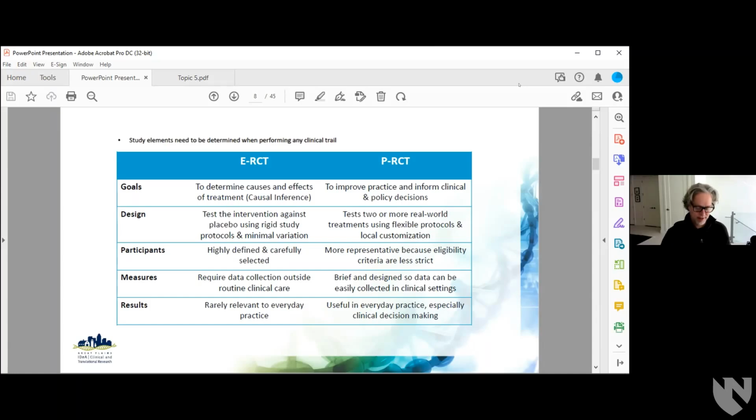I'm curious to know how a pragmatic RCT looks a lot like what I would call an implementation. We've got established science, and it looks like we're trying to make it work in the real world.